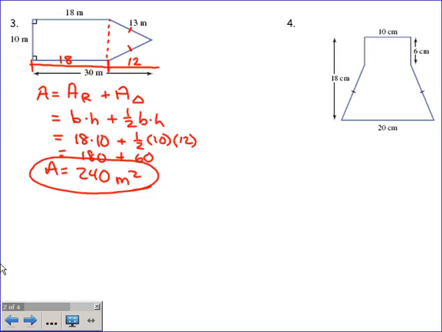Sam Kleinsetzer, what'd you get for number 4? What's your game plan? Okay. How do you find the area of a rectangle? Area of a trapezoid.